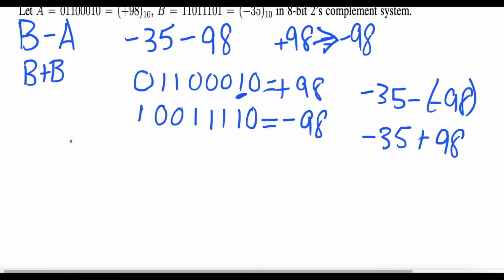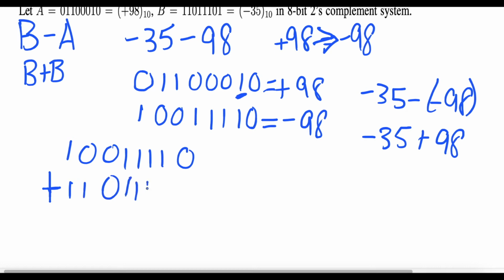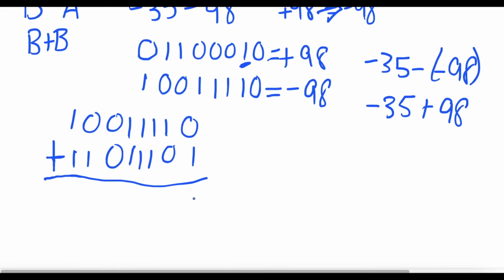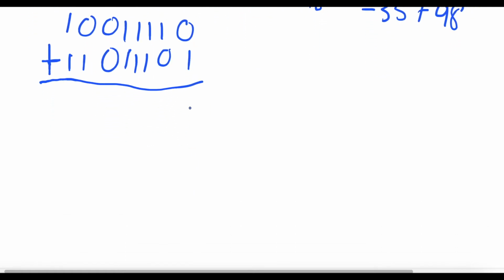So we have 1, 0, 0, 1, 1, 1, 1, 0 plus b, which is 1, 1, 0, 1, 1, 1, 0, 1.